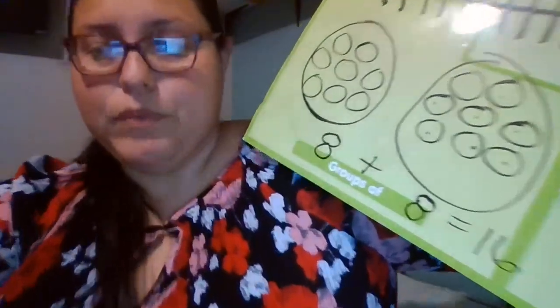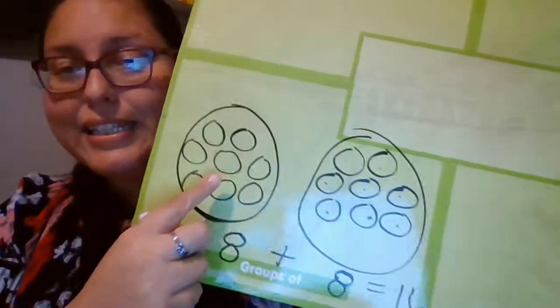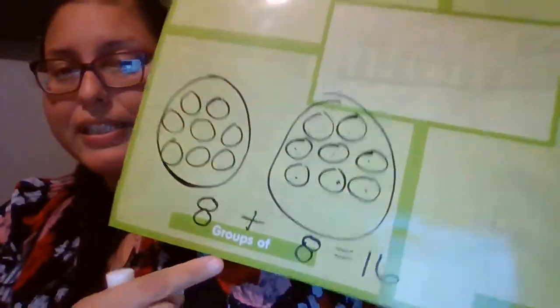Let me erase the number line from the other problem, because I like to show you how to write the division. The total of cups is 16.